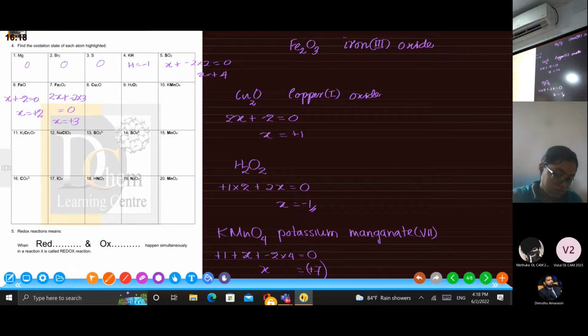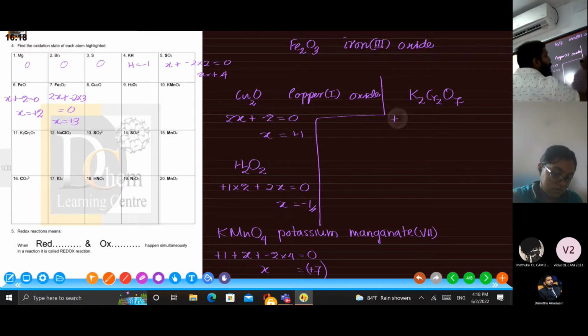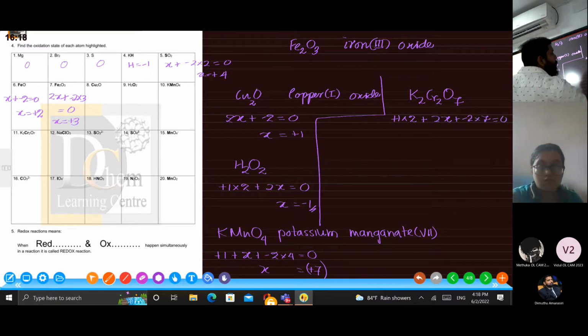Okay, right, listen. Potassium dichromate. Actually, we call this potassium dichromate 6. And you are wondering, having 7 oxygen atoms, why is it 6? The reason is this: potassium is +1 into 2, and chromium is 2x plus -2 into 7 is equal to 0.